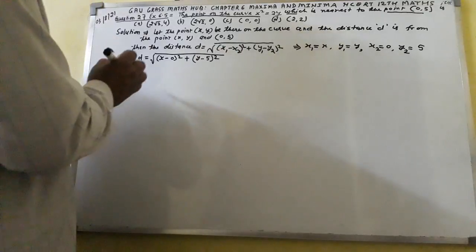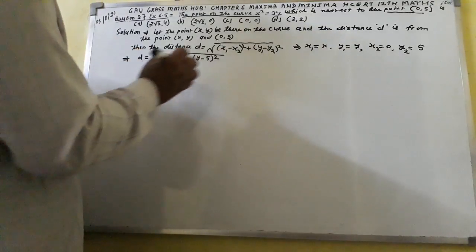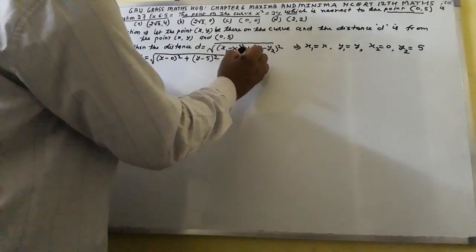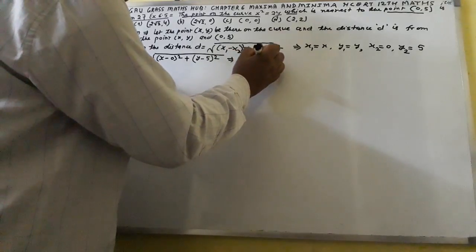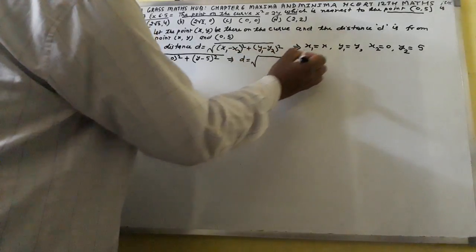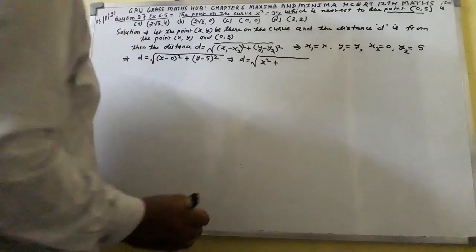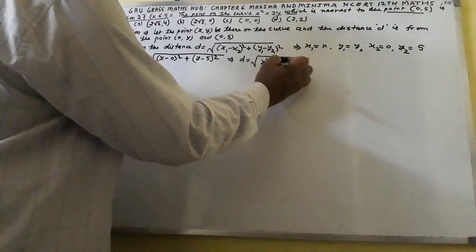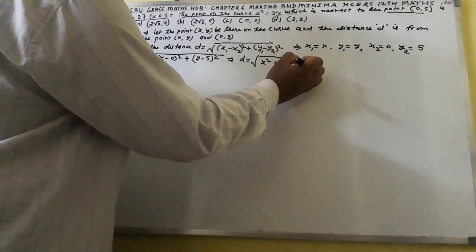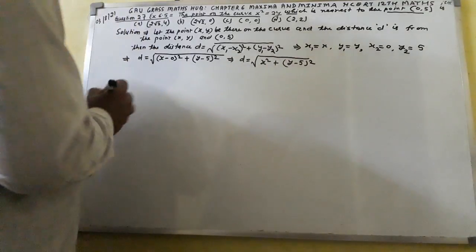You will get here implied that d equal to under root x square plus (y minus 5) whole square.